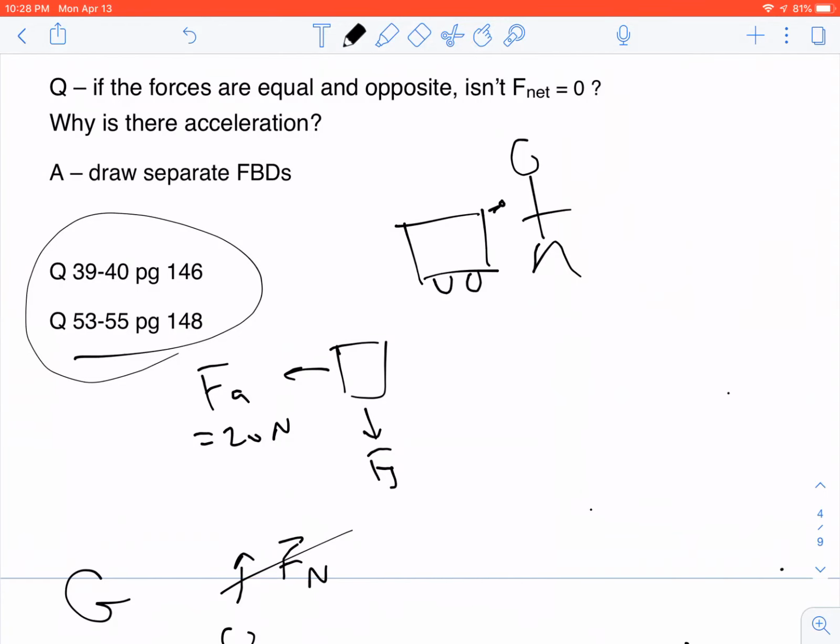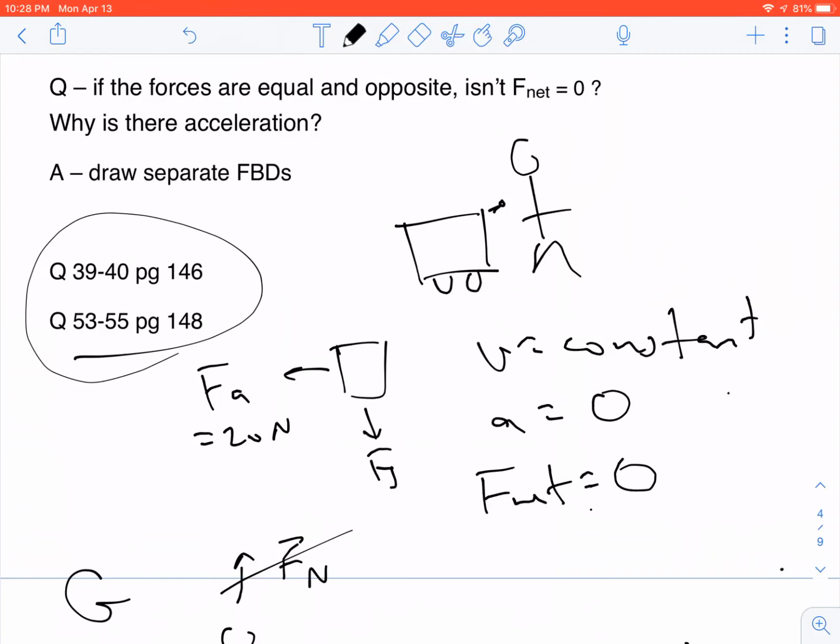I'm going to pull on the shopping buggy with 50 newtons, and I'm going to walk across the parking lot at constant speed. Or a equals 0. Or F net, ma, is also 0, right? Because F net is ma, a is 0 because v is constant.